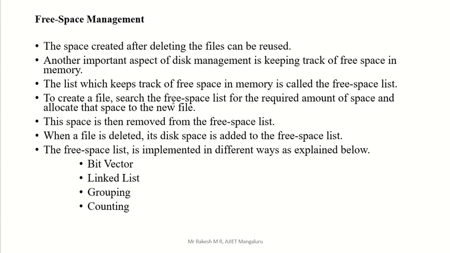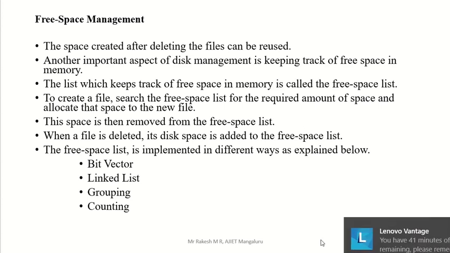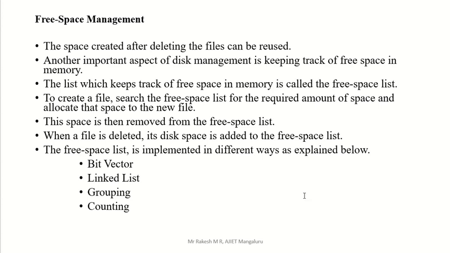All the free space blocks are there in the free space list, so you can search whichever you want, then store your file in that block. The space is then removed from this free space list.